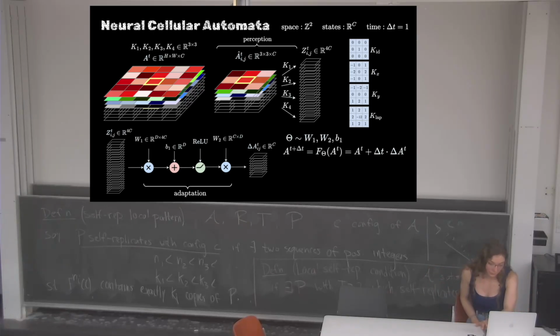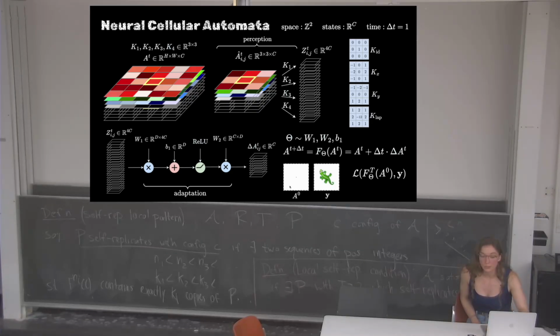What we can now do is we can, for instance, choose a particular initial state of this array and some target state. For instance, we would really love to grow a gecko. And we can essentially just train this neural network on a particular loss of our choosing. The most naive way would be just really to take the difference between each pixel and do the average of the distances, for instance, after some hyperparameter, which is the number of time steps after which we would like our neural CA to grow from this, for instance, very simple seed into the gecko.